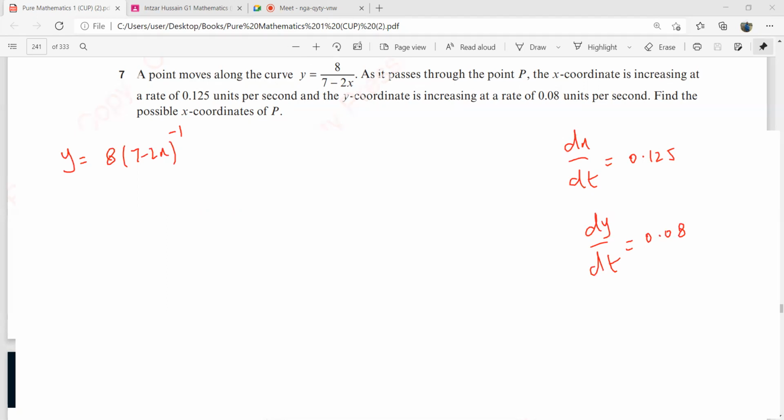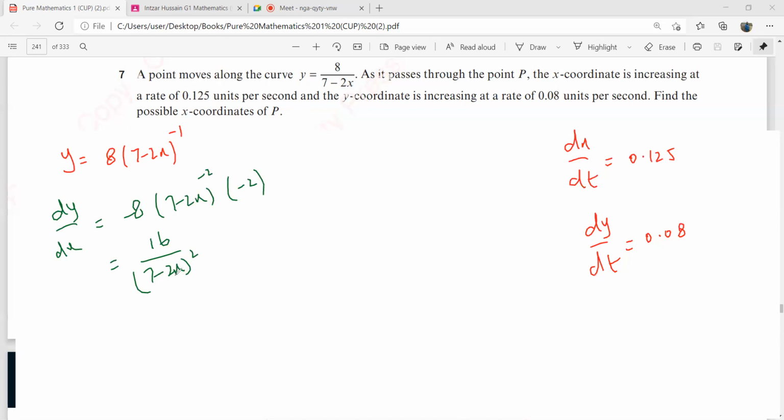So you find this dy by dx. That will give you minus 8 into 7 minus 2x, times minus 2, so that is 16 over 7 minus 2x whole square.